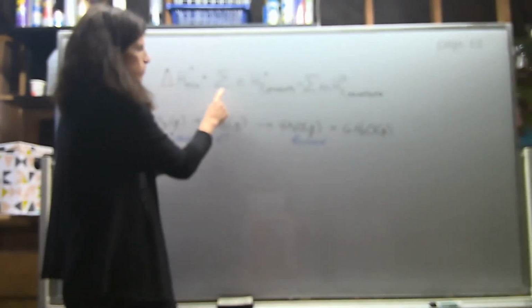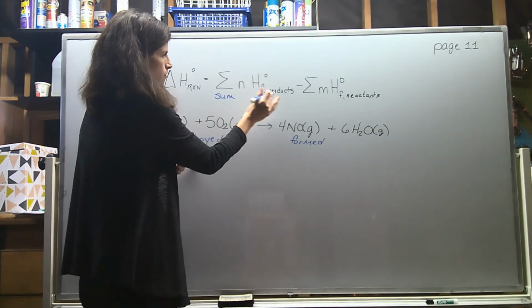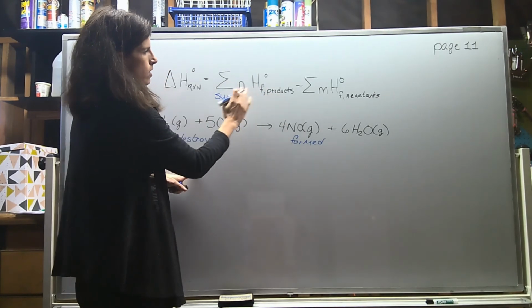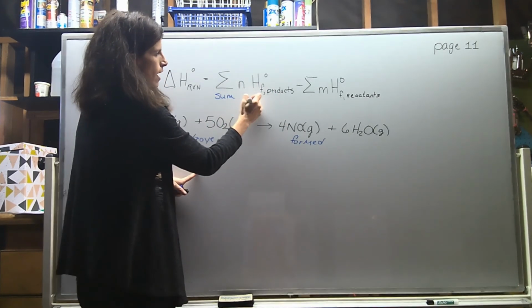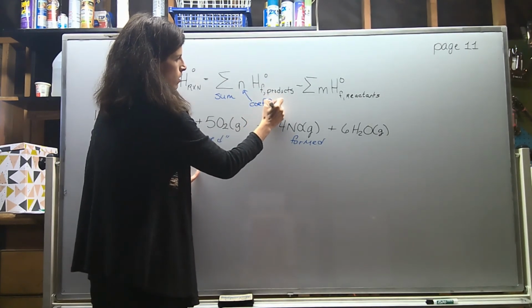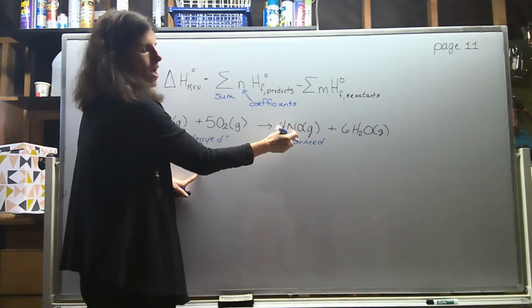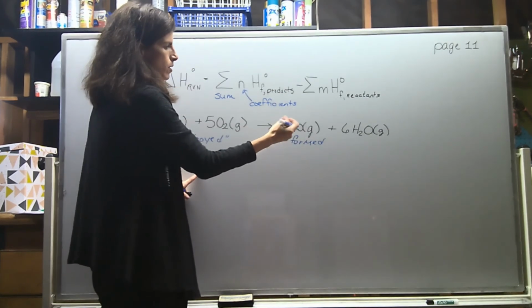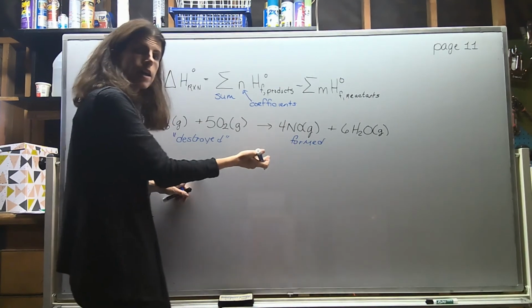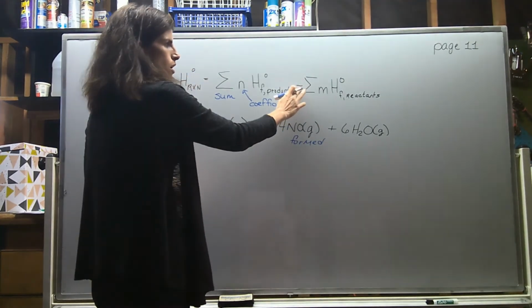It's saying sum up everything that's going on with the products and also take the coefficients into account. So since there's 4 nitrous oxides, I'm going to do 4 times the enthalpy value. Then there's a negative sign.